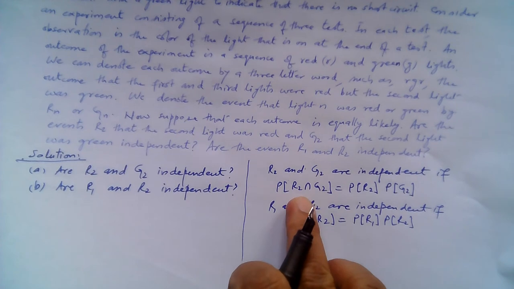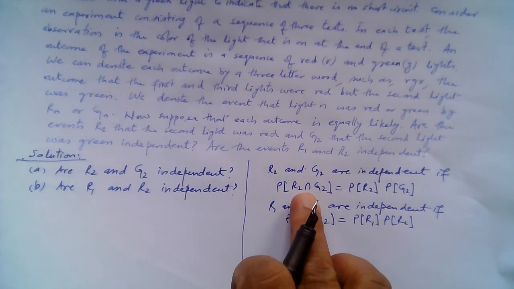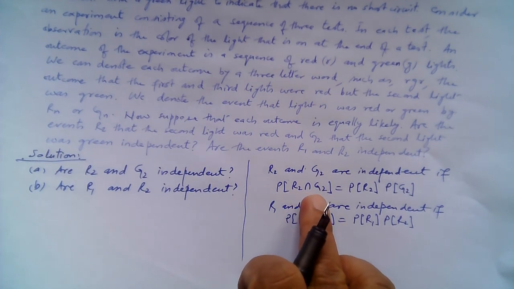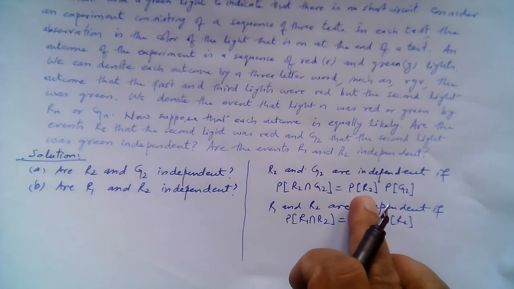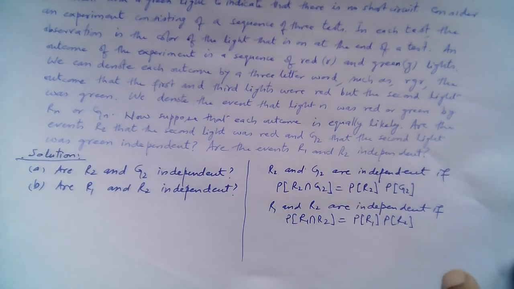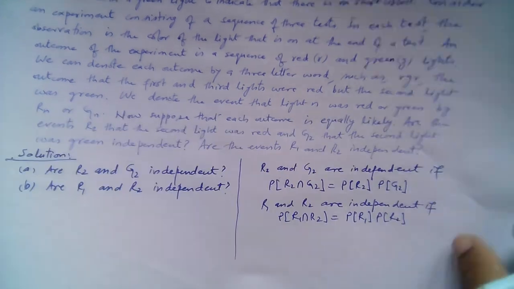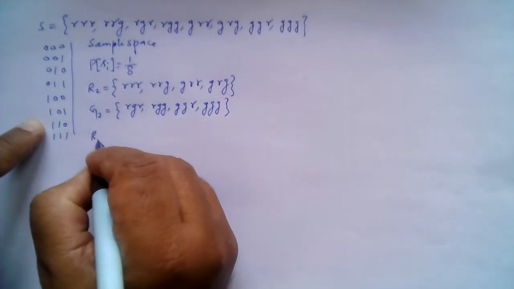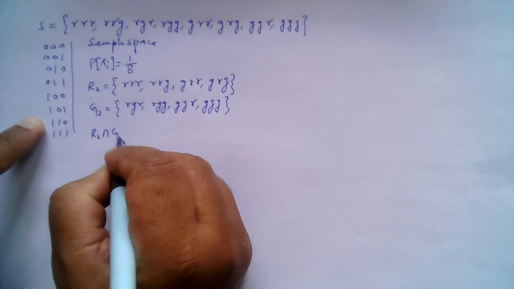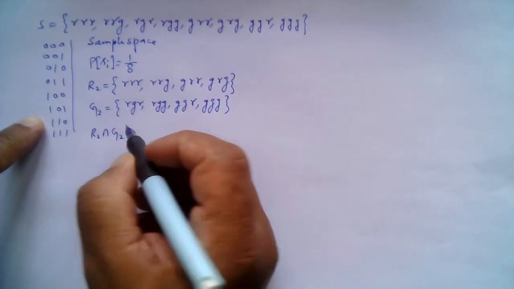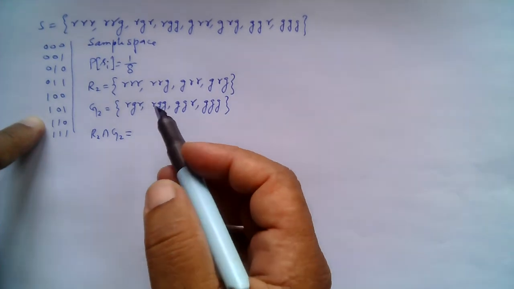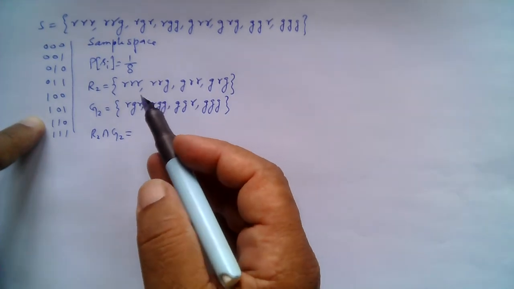So let's find out the intersection of R2 and G2 and its probability, then find out the probability of R2 and G2 as well. So let's see if there are any outcomes which are common.